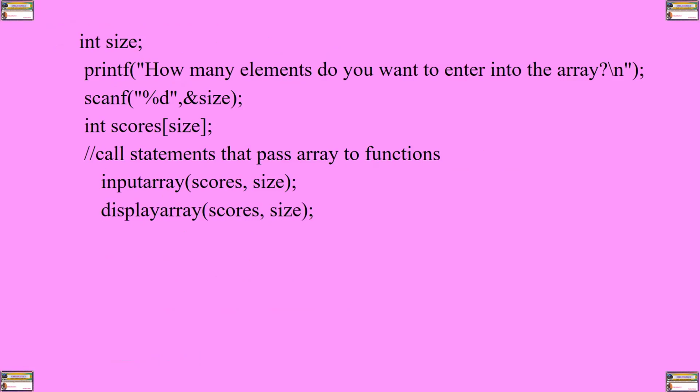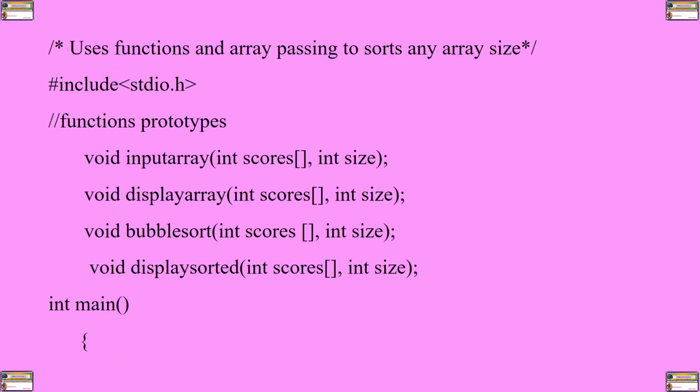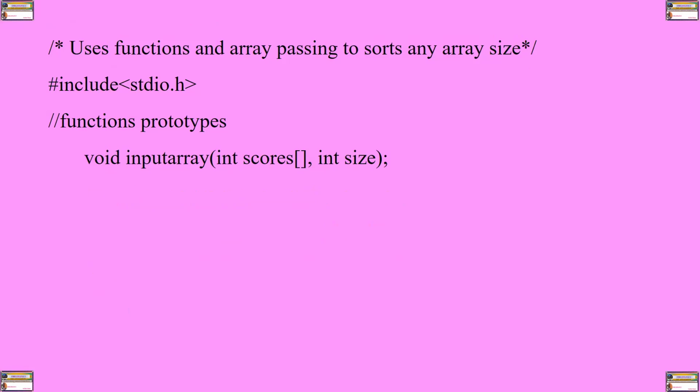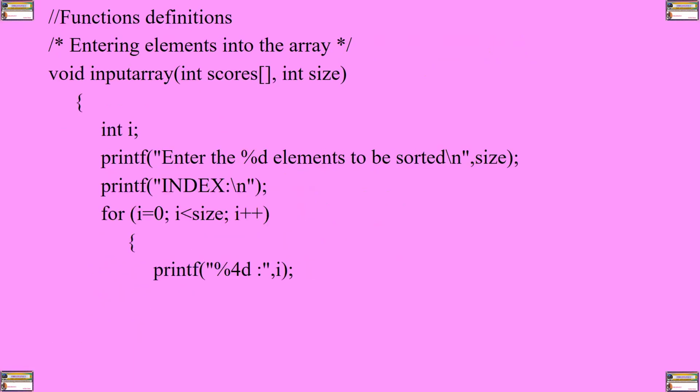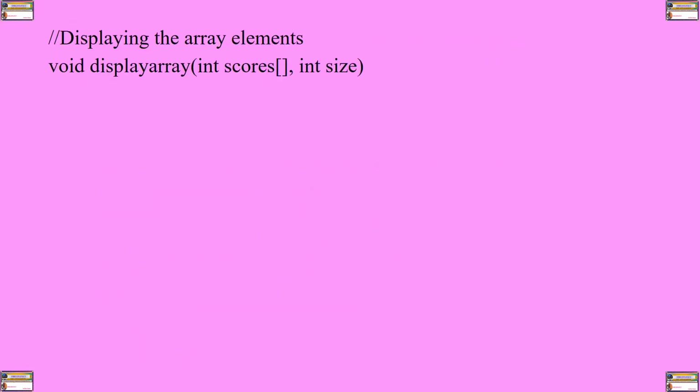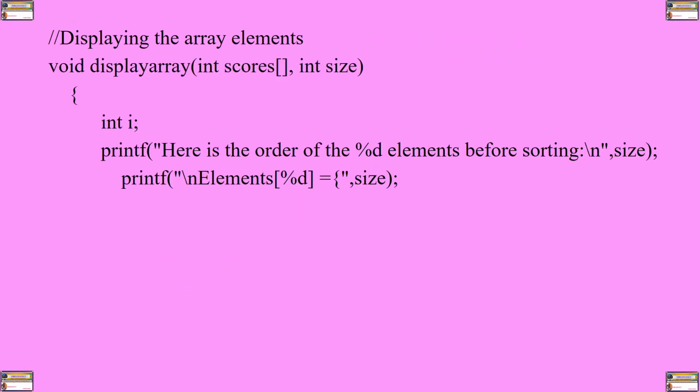Once this statement is invoked, the control will be taken to this prototype, and then it will look for that function definition after main. That is the function for displaying the array. So the control will be brought here, and the activities listed here will be performed.